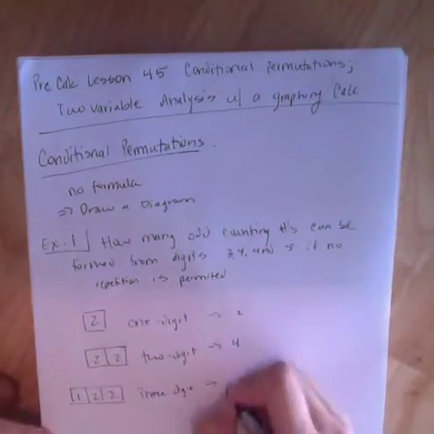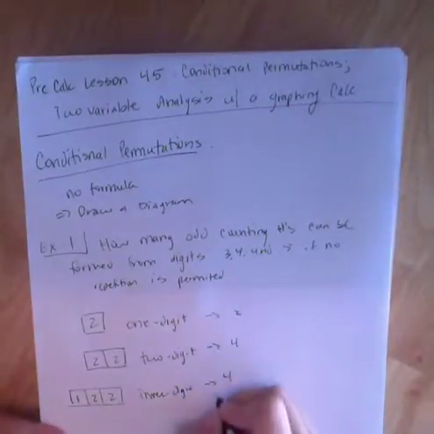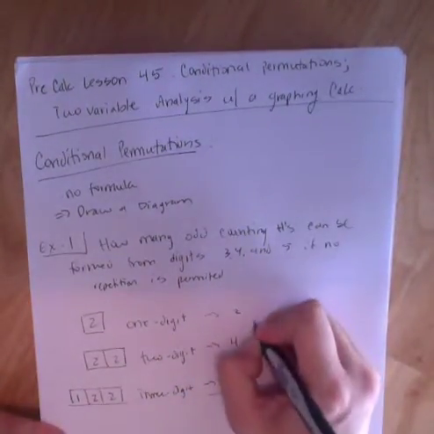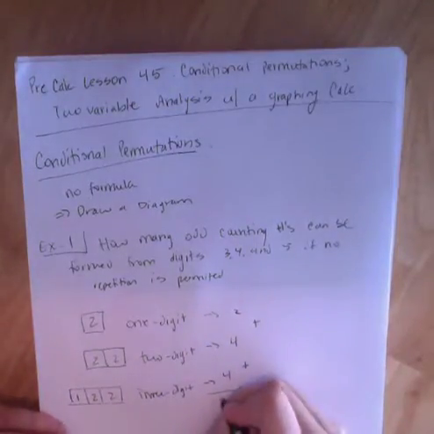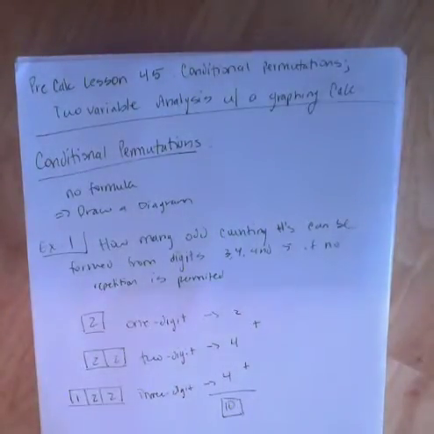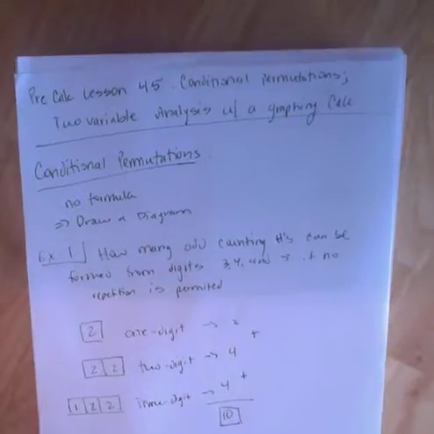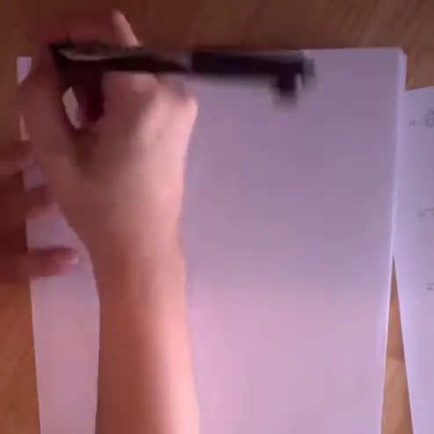So again, I do 1 times 2 times 2, which gives me 4. And then I add up all of these. 2 plus 4 plus 4 gives me 10 possible ways. Okay, it's a little different than what we've done before because we have a condition on it. It's not extremely different though. Let's do another example.